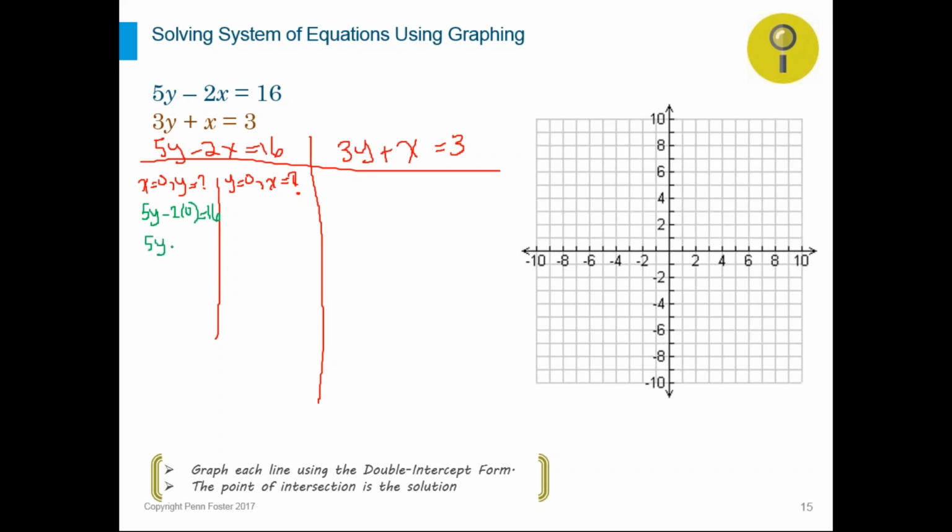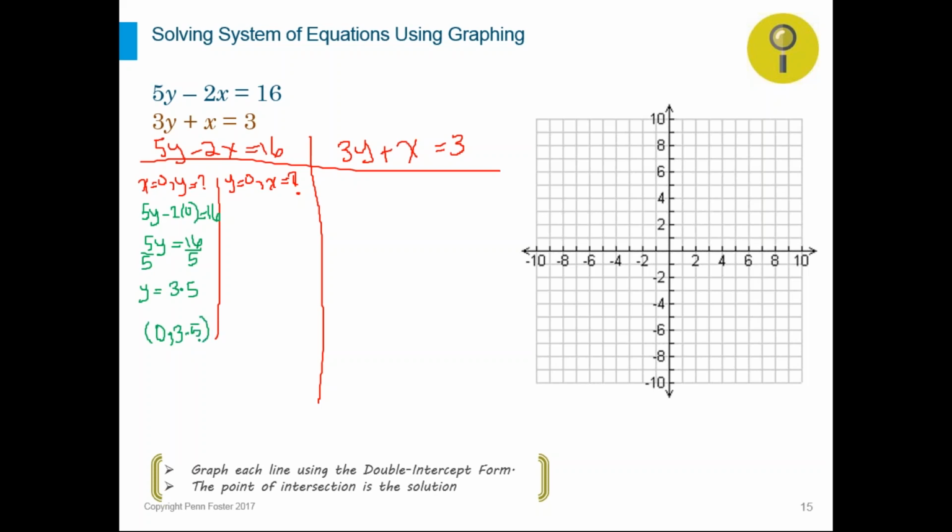Then 5y equals 16. Divide over 5 and divide over 5. Y equals 3.2. Your first point that you have located for line number 1 is (0, 3.2).